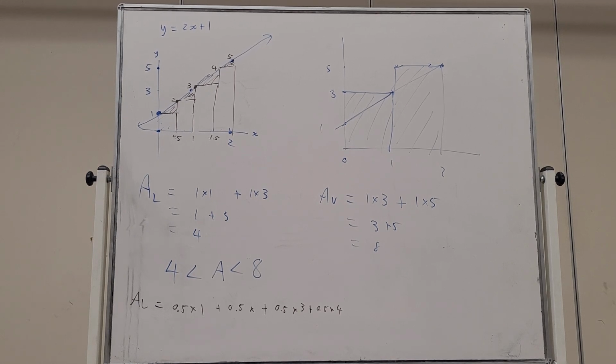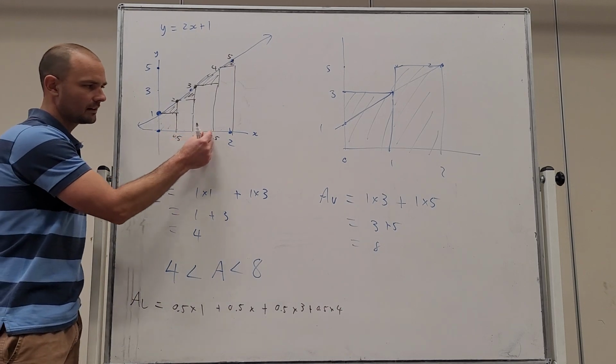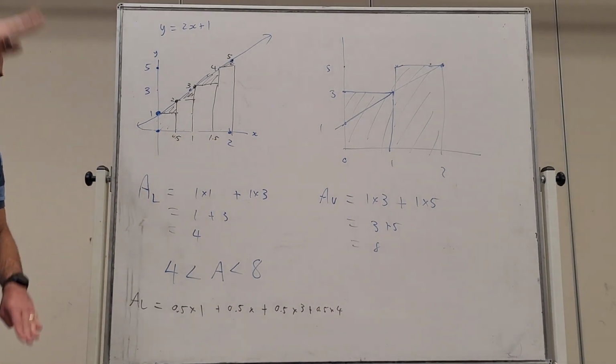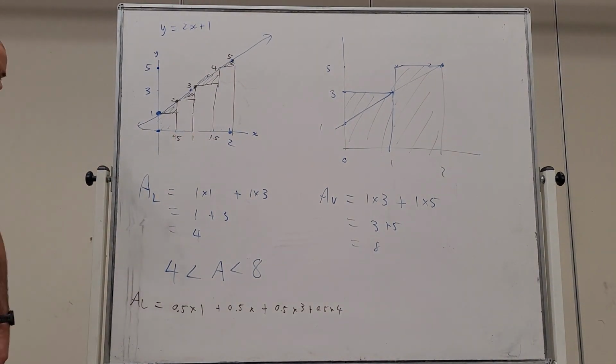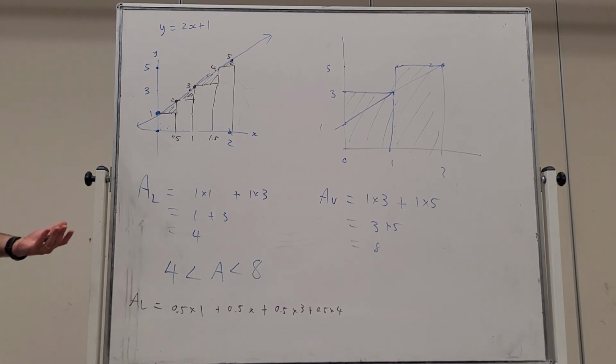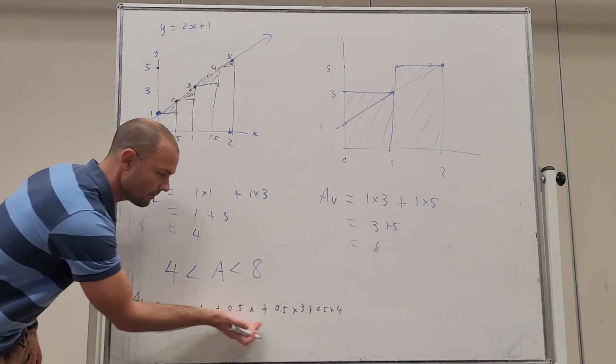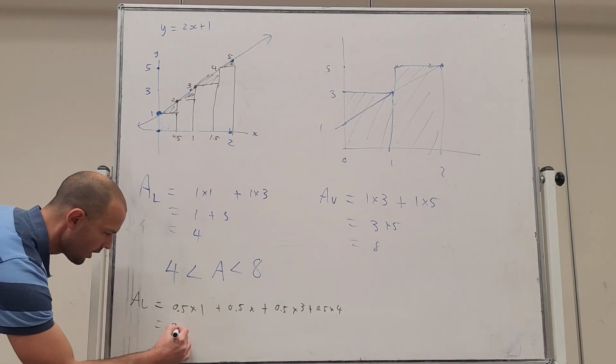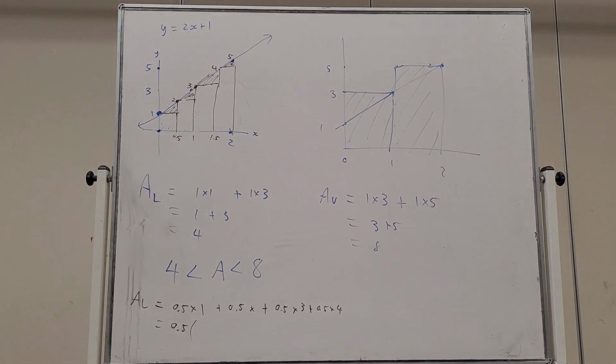Now, whenever you're thinking about these calculations, the width of each rectangle is the same. The thing that changes is the height. So if 0.5 is the same every time, 0.5 is a common factor. I can just pull it out the front.